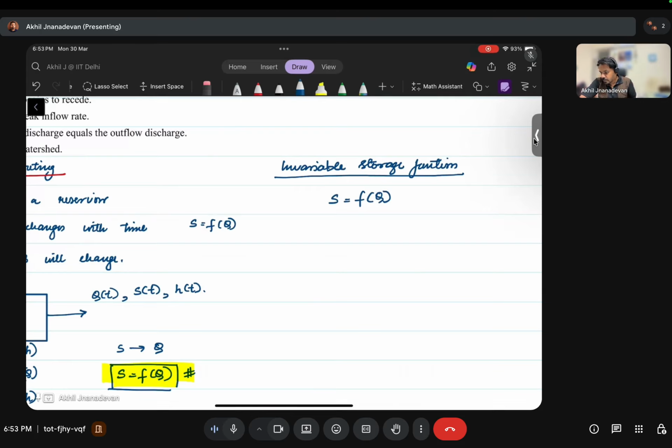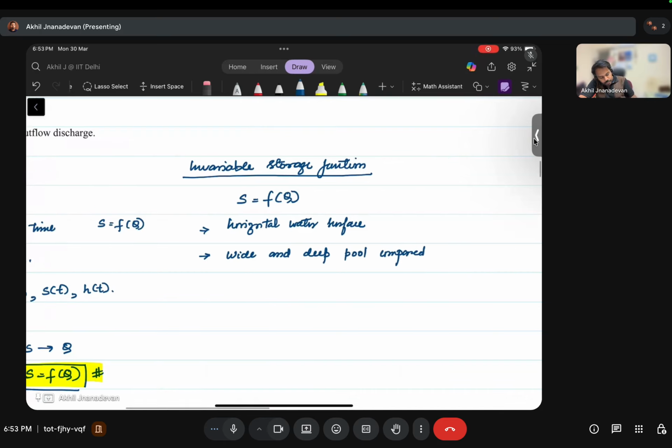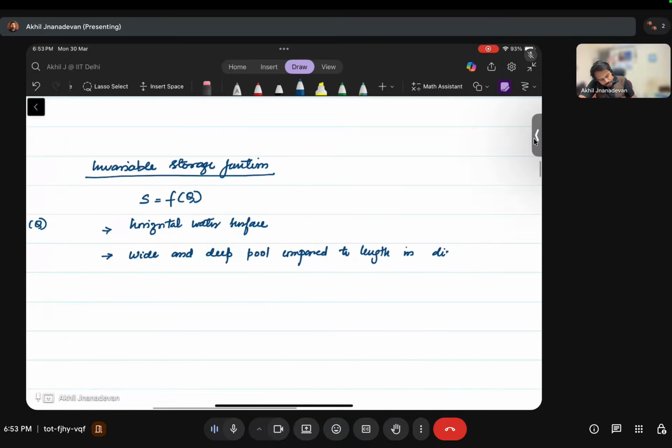And this applies to a reservoir with a horizontal water surface, and the reservoir pool is wide and deep compared to its length in the direction of flow.